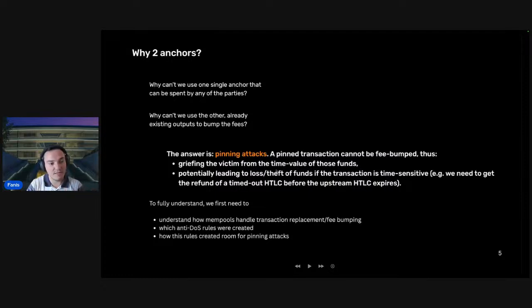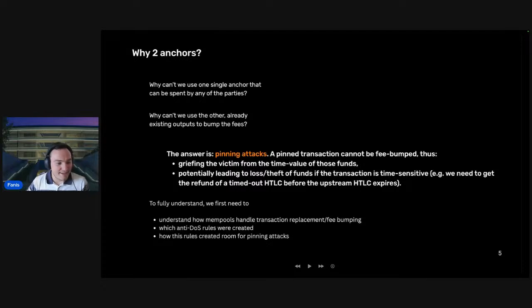Or it can even be some more elaborate attacks that can involve mempool manipulations and things like that. And in that case, it can even be in order to steal funds from the victim. So that's why pinning attacks are quite serious, and that's why we added anchor outputs, of course.